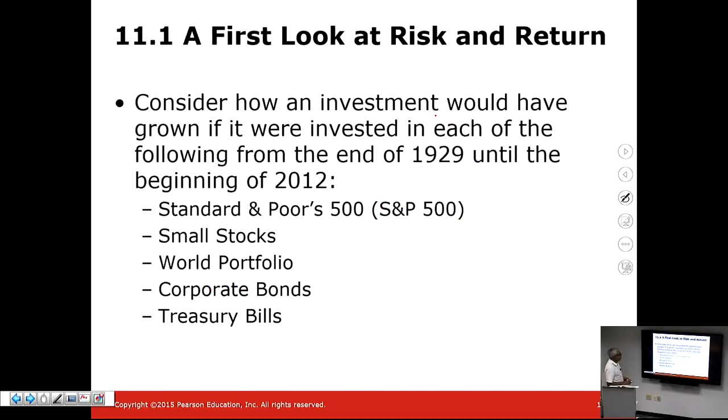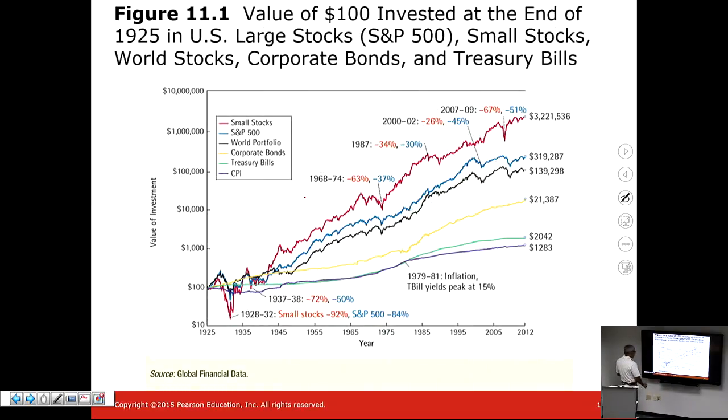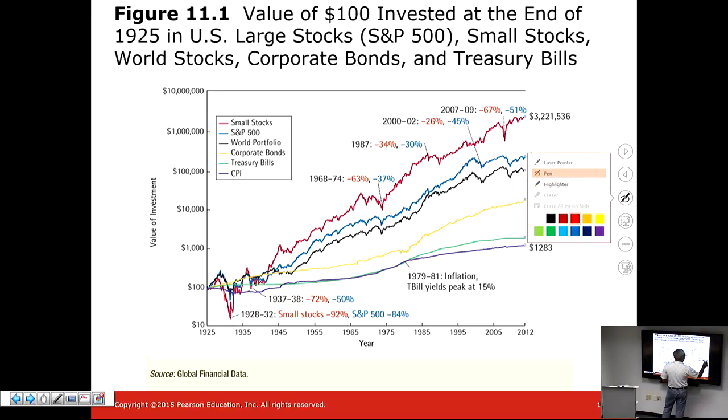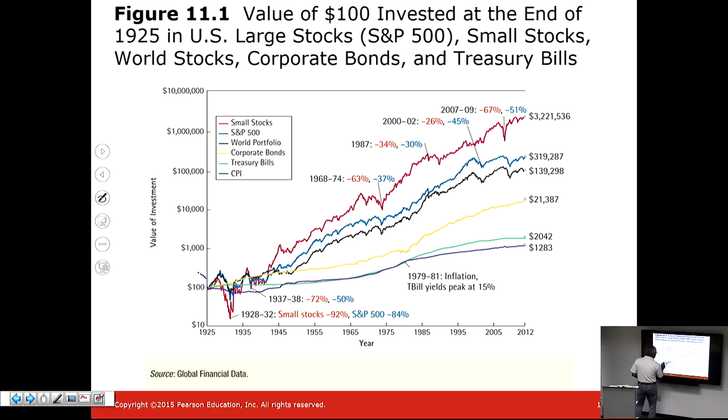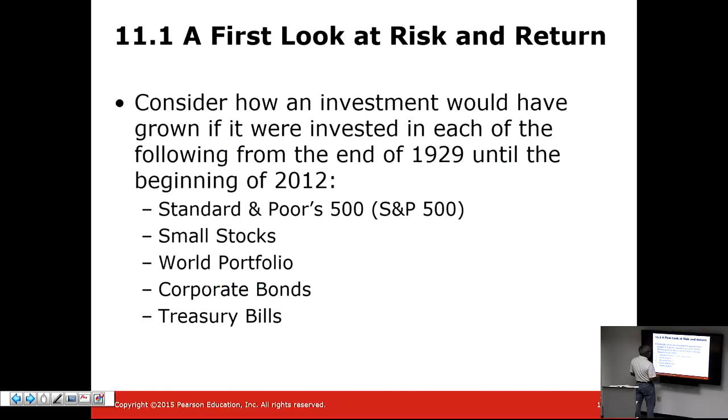So we start by looking at what has been the historic performance of different investment choices between 1929 and 2012. The way we do this is we start by looking at $100 that we had invested in 1929.